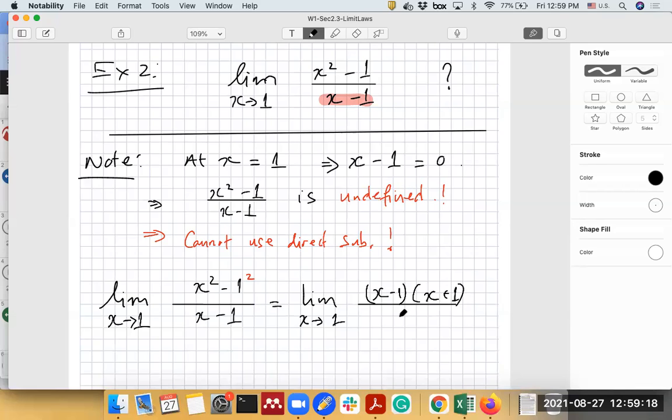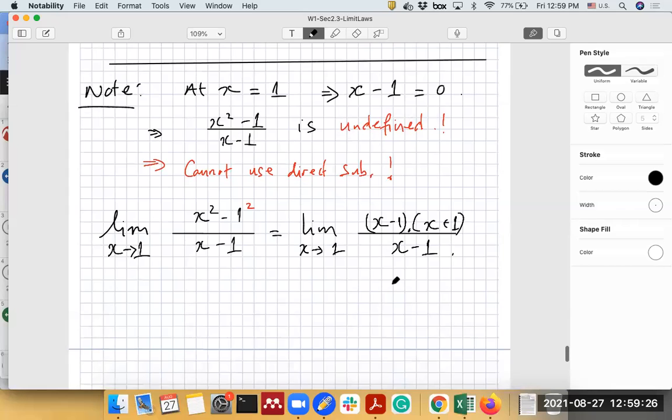And the denominator? Great. So what should we do? Yes, the numerator and the denominator, we just eliminate the common factor. And this becomes the limit when x approaches 1 of.